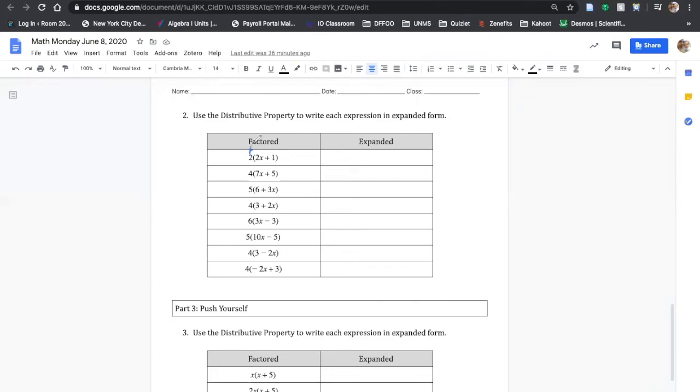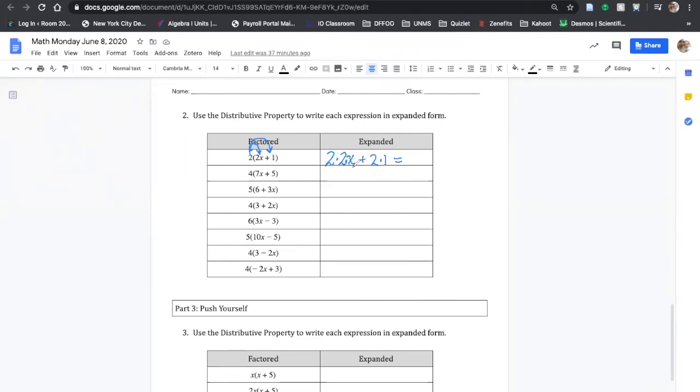So first I would say 2 multiplied by 2x. And again, I'm going to write this out. 2 times 2x plus, don't forget to multiply by your second term, 2 times 1. All right? Now, this right here, 2 times 2x, right? It's really 2 times 2 times x.